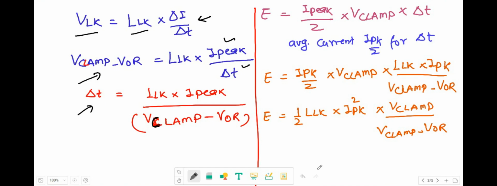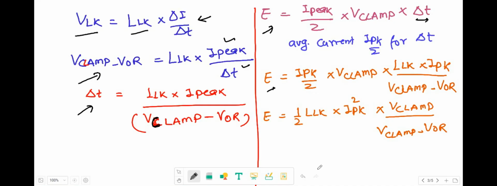Now if you want to calculate the energy to be dissipated across the clamp capacitor, what is energy? Power into time. So for half time, the average current is going to be I peak divided by 2, into V clamp, that is the power. V into I is the power for delta t time. With the help of this, you can calculate the energy.